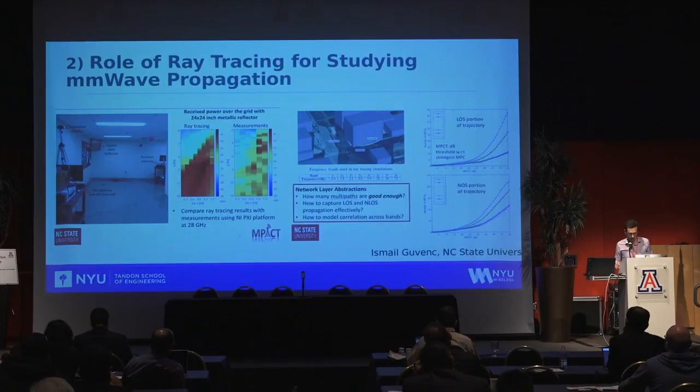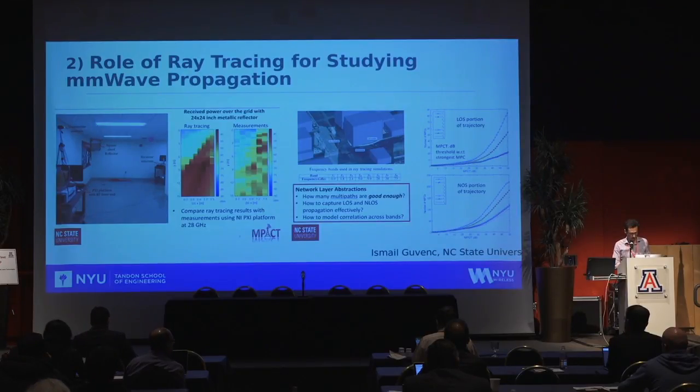How to capture line-of-sight and non-line-of-sight propagation effectively? How to model correlations across bands? And how to model user mobility and orientation for directional transmission and reception. So all these questions also will be shared in this mailing list and some repositories that I will tell you about at the end of this readout.